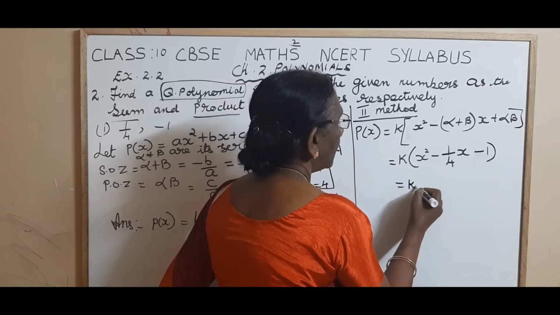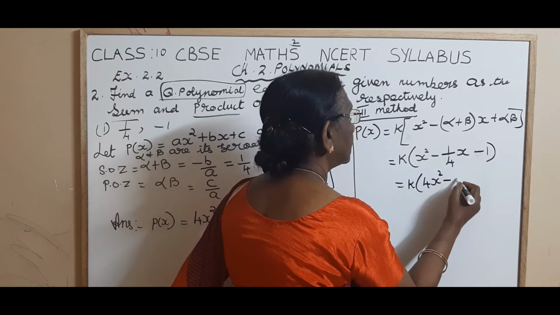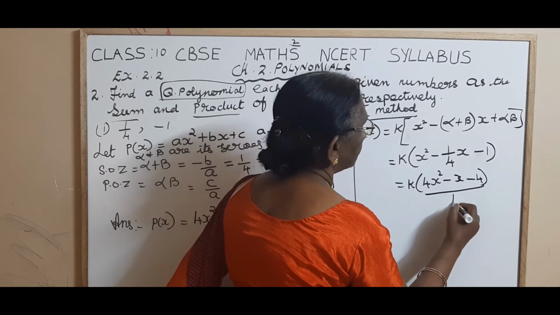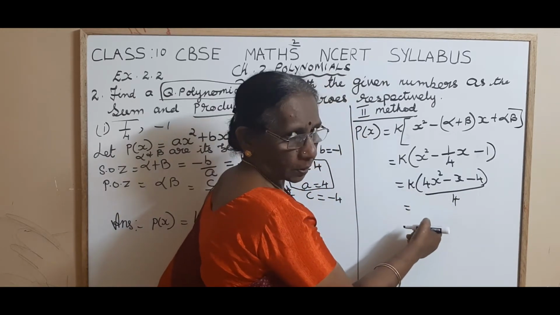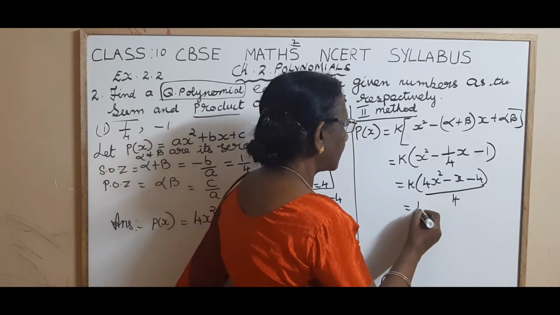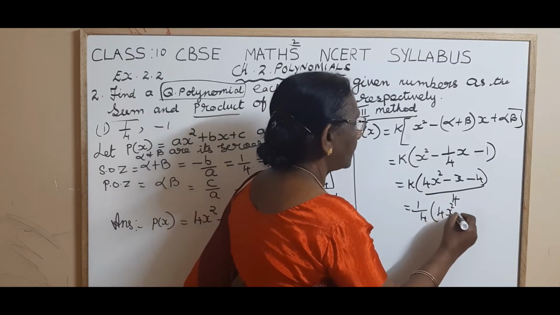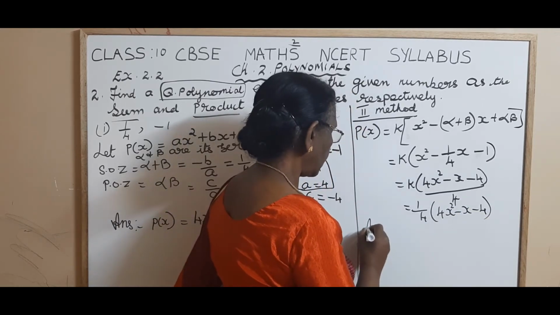So k into 4x squared minus x minus 4 by 4. So here the constant is what? 1 by 4 k. So you can write the answer as 1 by 4 into 4x squared minus x minus 4.